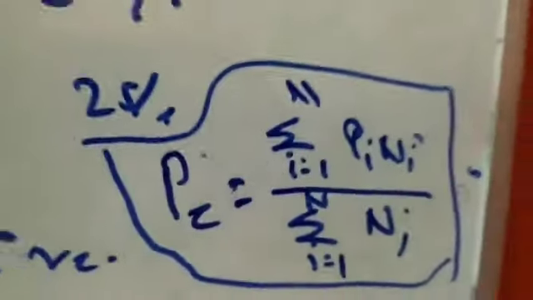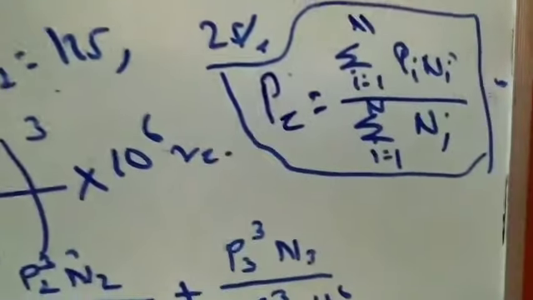So this is the desired expression of the equivalent load. Pe cube is given by summation of i equals 1 to n of Pi cube Ni by summation of i equals 1 to n of Ni. So this is the desired expression which we have been studying all about.